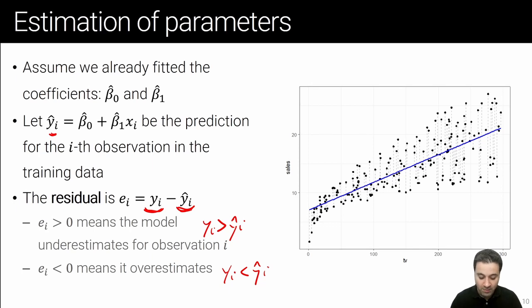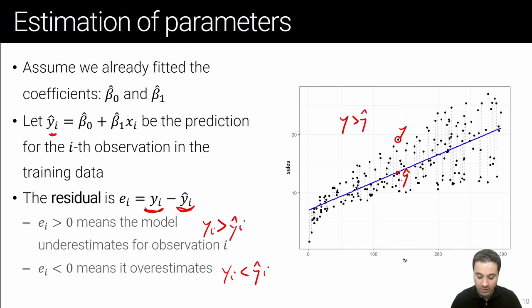And then we can think about all those distances between the true value that we have in the data and the value estimated by the model. So if, for example, we focus on this observation, what we have is that the true value is larger than the estimated value because this is y and the estimate is all the way down here in the model.